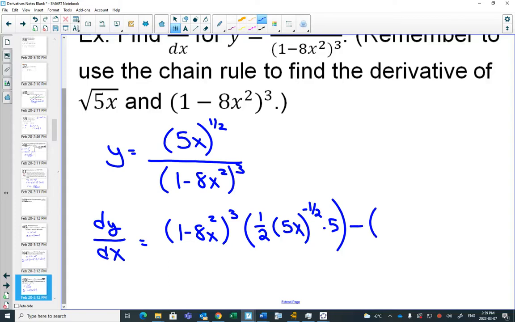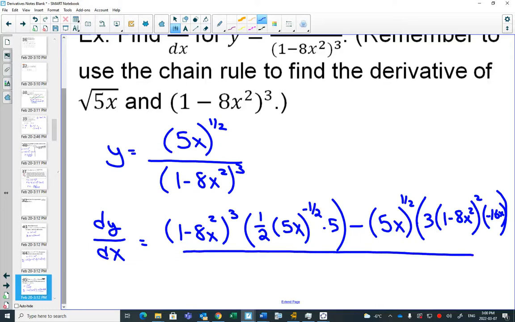and now I keep the top the same, multiply by the derivative of the bottom, and the bottom is another chain rule. So I would do derivative of the outside function, 3 comes out in front, keep the inside the same, subtract 1 from the exponent, multiply by the derivative of the inside. All over the bottom squared.